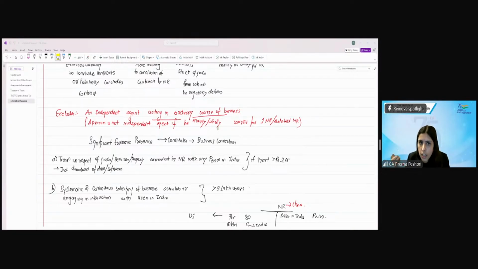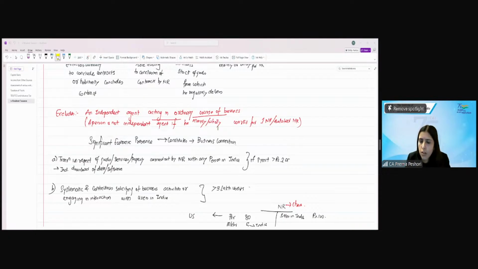Again, Shein never had any presence here in India. They did not carry out any activities in India. So there was no business connection. But we were still able to buy things online from Shein, from Alibaba, AliExpress. So how was it even possible?